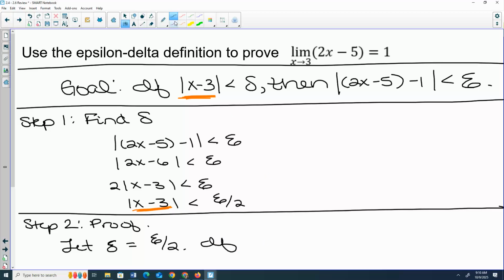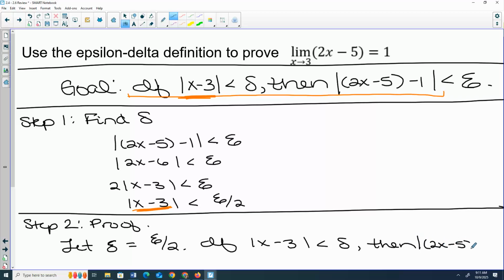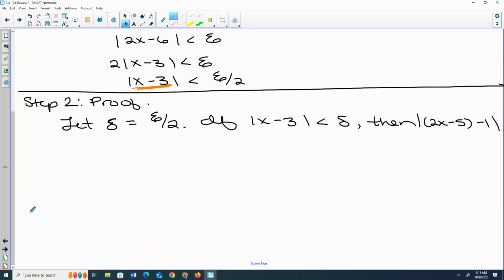And then we restate the first half, everything except the less than epsilon. So if the absolute value of x minus 3 is less than delta, then the absolute value of 2x minus 5 minus 1. And now I have to work it out until I get my less than and my epsilon. So I know that's the absolute value of 2x minus 6, or 2 times the absolute value of x minus 3.